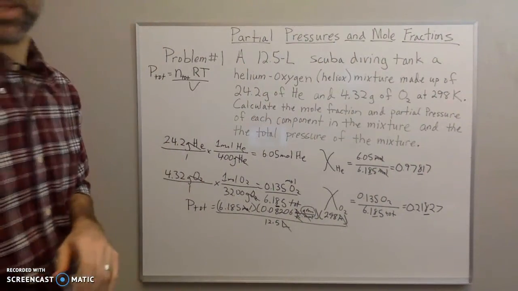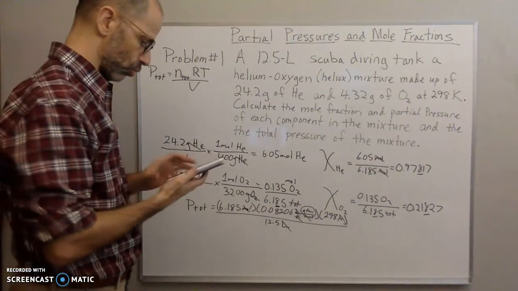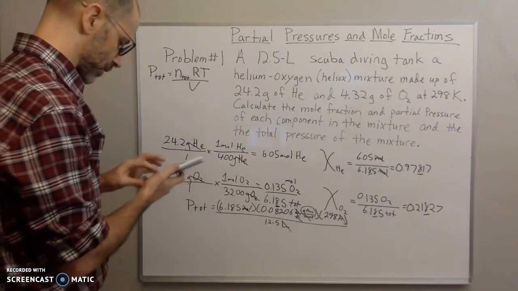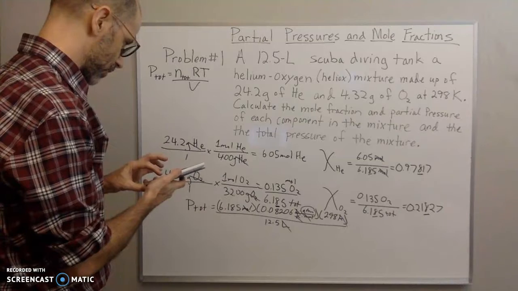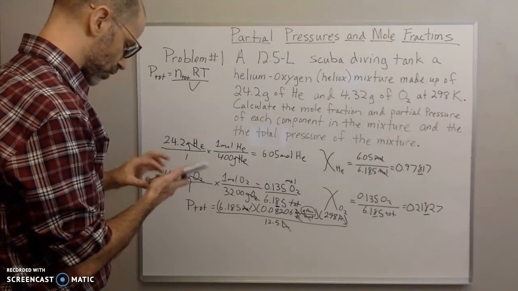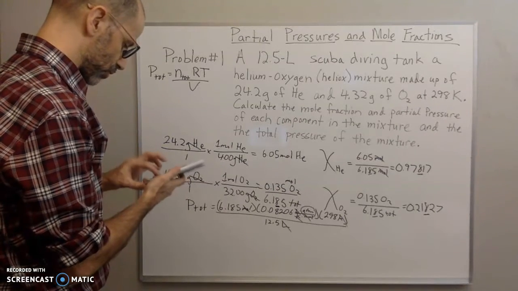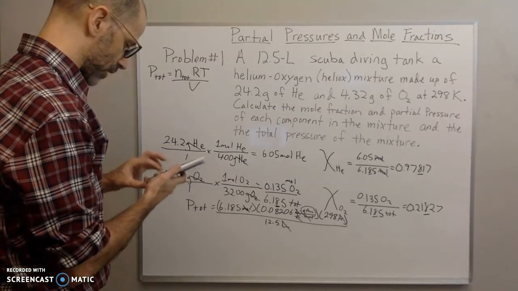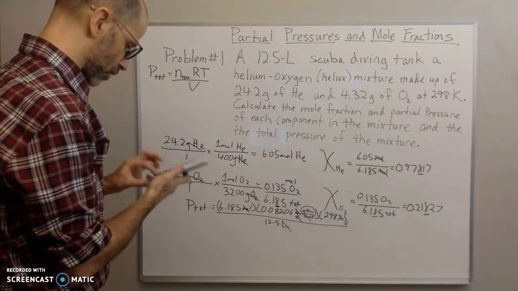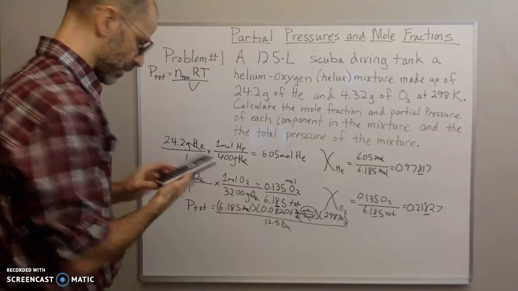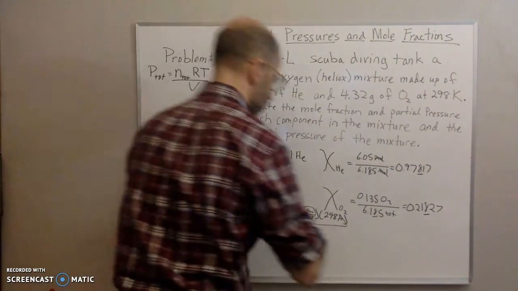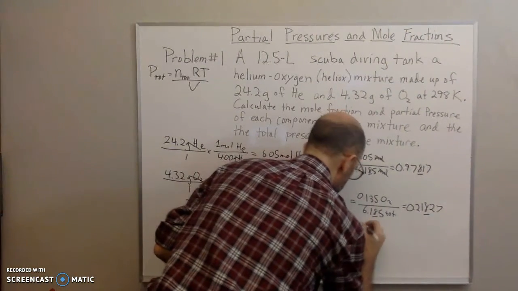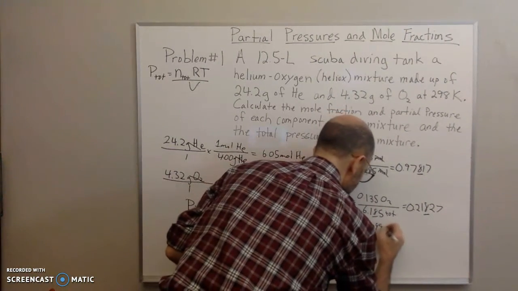So if I calculate this, I get 6.185 times 0.08206 times 298 divided by 12.5 equals 12.0997.